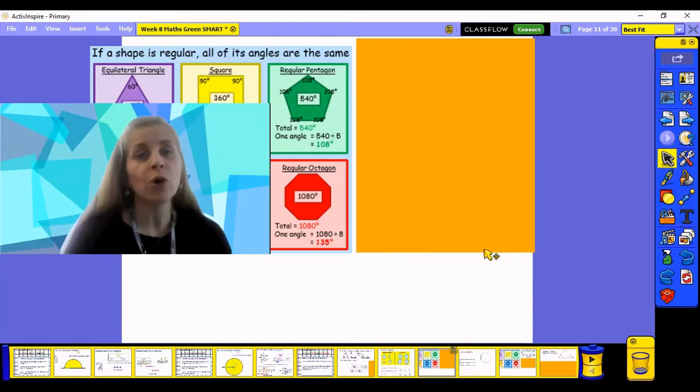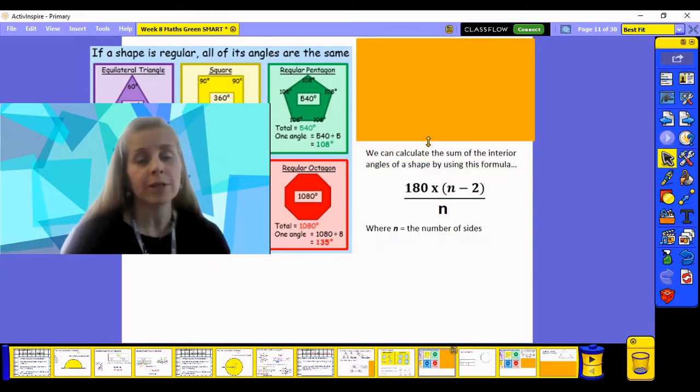One is useful for all polygons, whether they be regular or irregular, and the second part of the equation will help you find out the degrees that each of the angles are in regular shapes. So this is the formula.